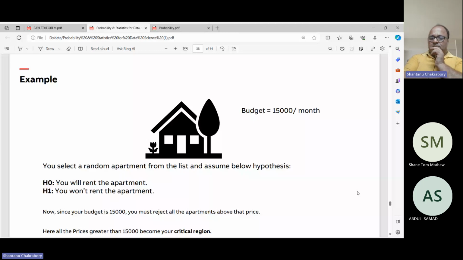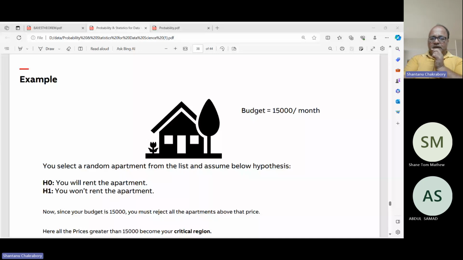Since your budget is 15,000, you must reject all apartments whose prices are above $15,000. So you can find your critical region based on the budget that you have for your hypothesis testing.